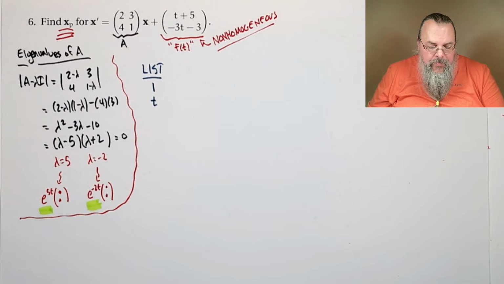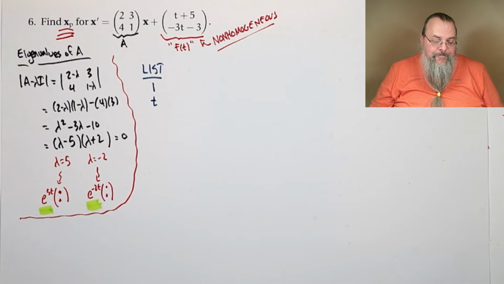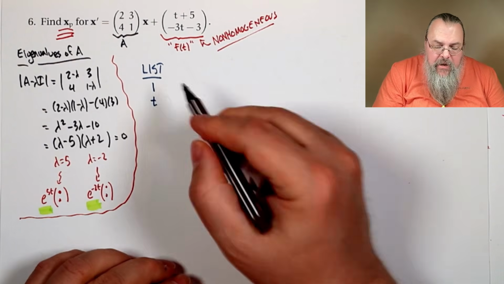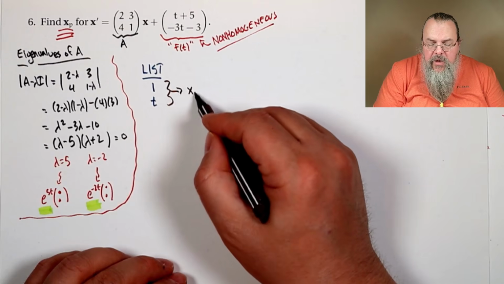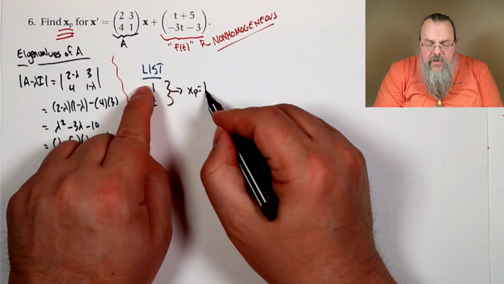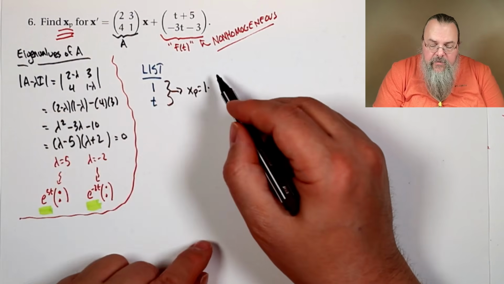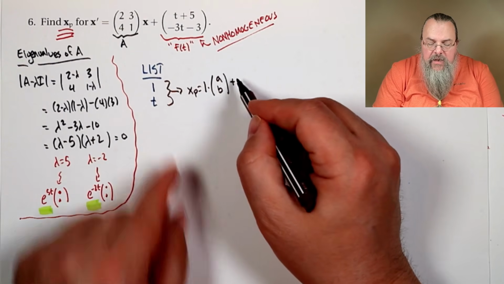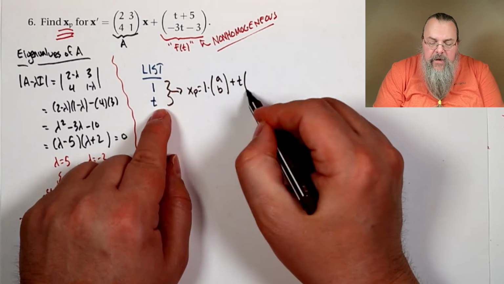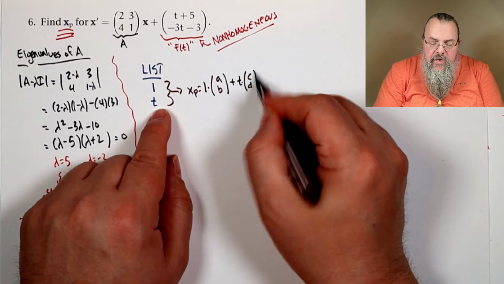All right. So what does this tell us? Well, xp has a very particular form. xp looks like the first function times some unknown vector, I'll use ab, plus the second function times some unknown vector, cd.